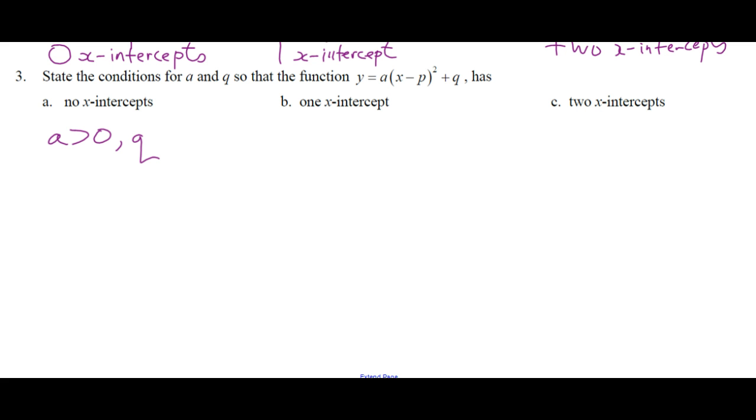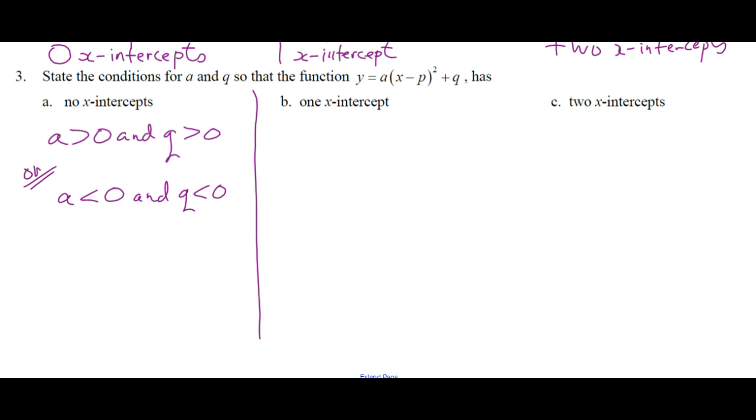If it opens up, then to have no x-intercepts, it's got to be moved up. So a is greater than 0 and q is greater than 0, or a is less than 0 and q is also less than 0. So we're going to open down, but we're going to move it down. There will be no x-intercepts.